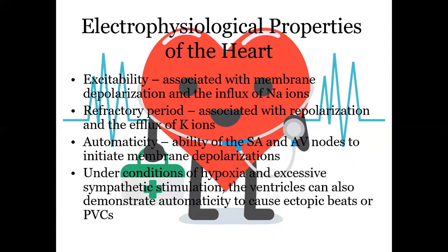The refractory period is associated with repolarization and efflux of potassium ions. Automaticity is the ability of the SA node and AV node to initiate membrane depolarizations. Under conditions of hypoxia and excessive sympathetic stimulation, the ventricles can also demonstrate automaticity, causing ectopic beats or PVC.